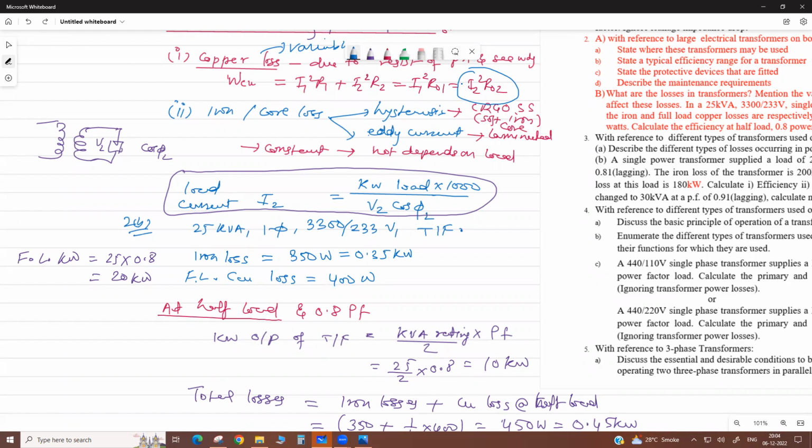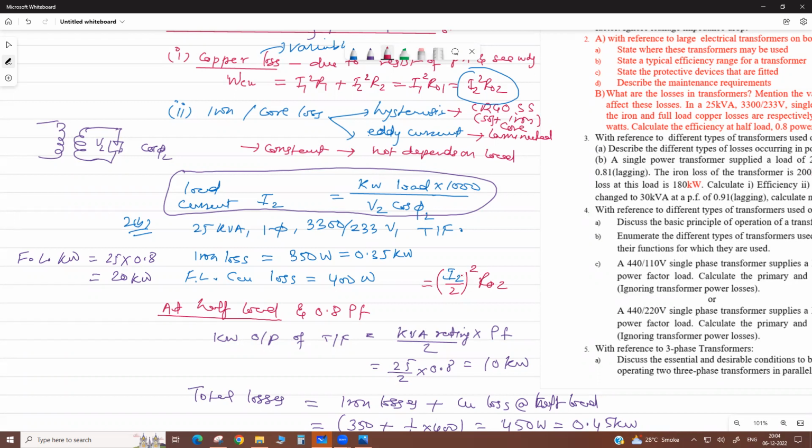Because your copper loss depends on the square of the load current. So at half load your current is half, then your losses as compared to full load become the square. Half current, so load current becomes 1/2 times. Now the square of this into R02, we can write, this is the new copper loss.